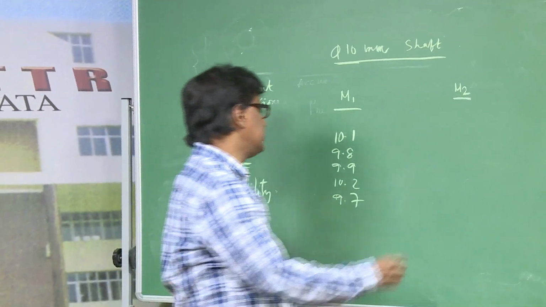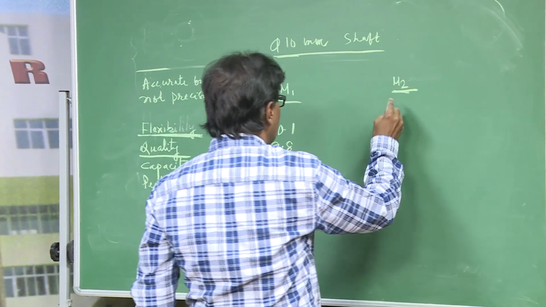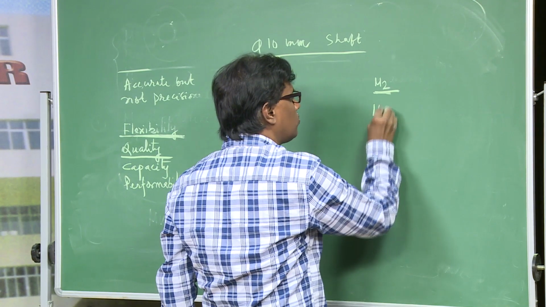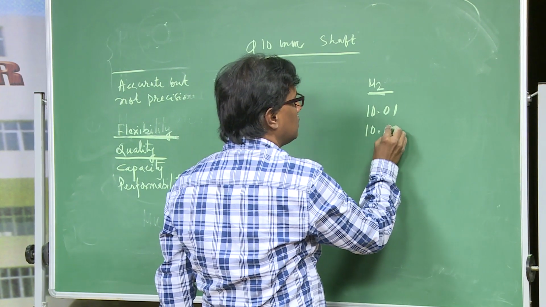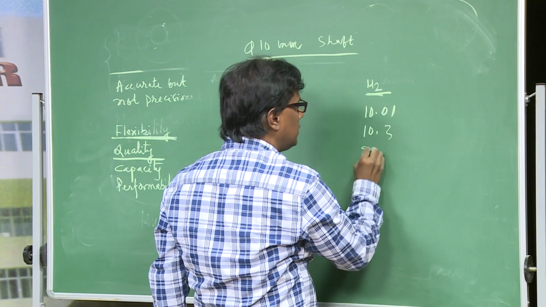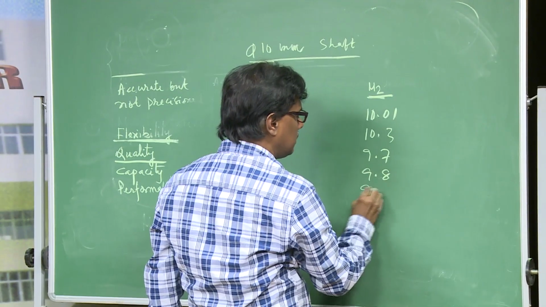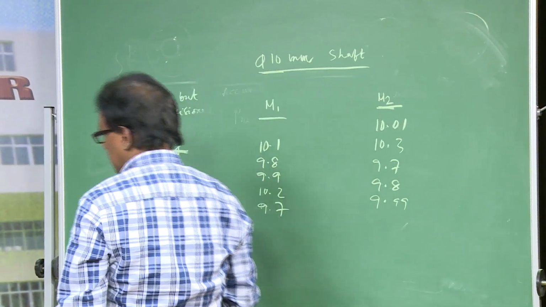And in machine 2, where he has produced say 10.01, 10.3, 9.7, 9.8, 9.99, just for example.